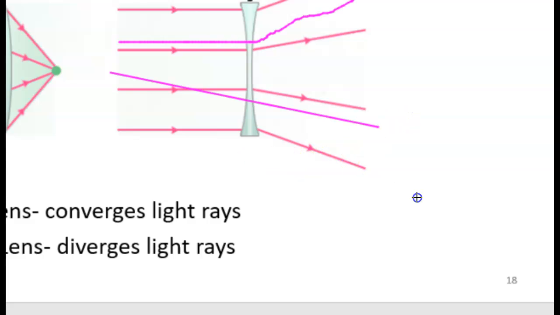They're spread out. Versus a convex lens, which we use to treat hyperopia, is curved outwards on both sides. It's thicker where most of the light rays enter, and so light rays are bent more. It converges the light rays.